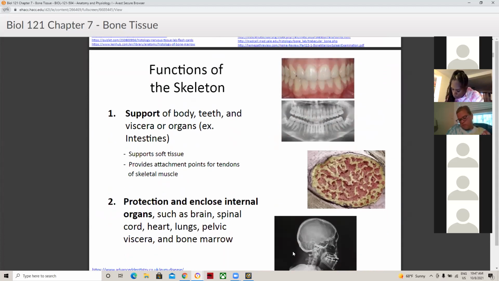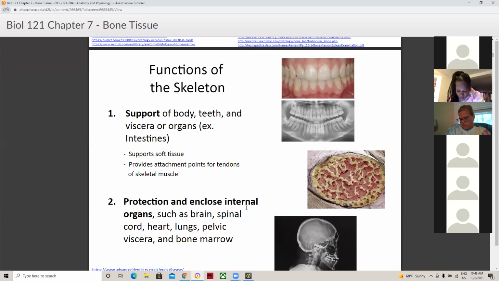Different functions of the skeleton. The skeleton is involved in supporting the body, teeth, and viscera or organs, for example, intestines. It supports soft tissues and provides attachment points for tendons of the skeletal muscle.